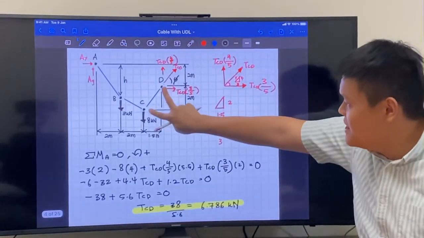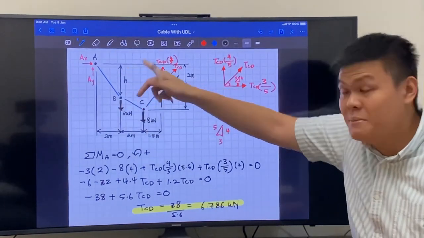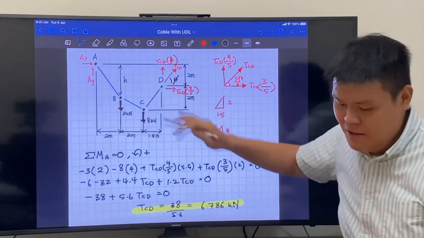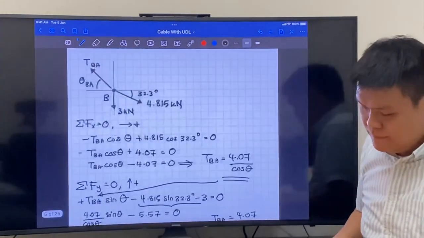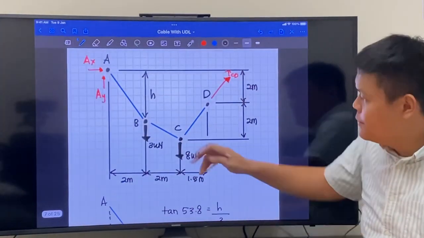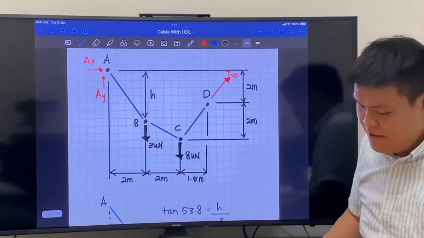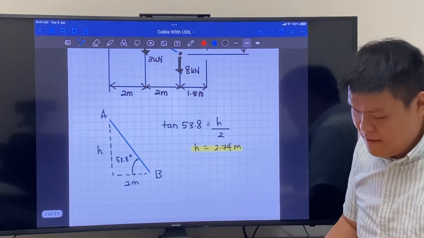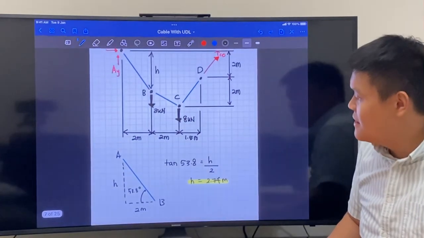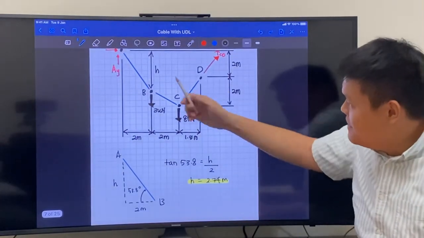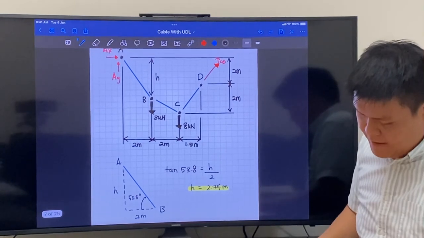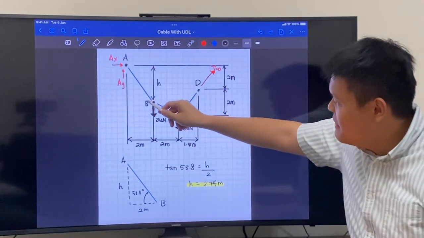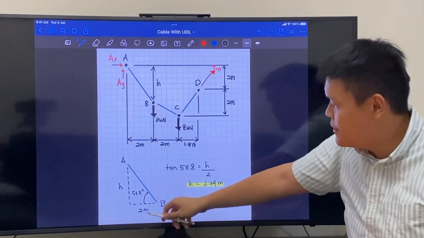We found CD, BC and AB, but don't forget, we also need to find the value of H. I'll zoom out a bit for this. Notice that AB, this distance is 2, of course.